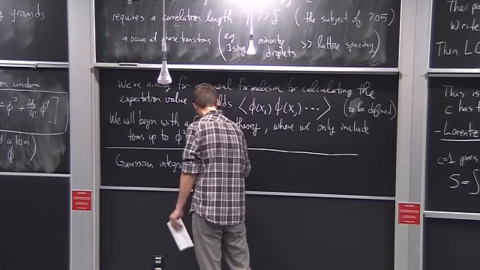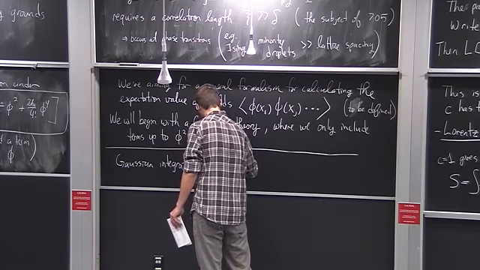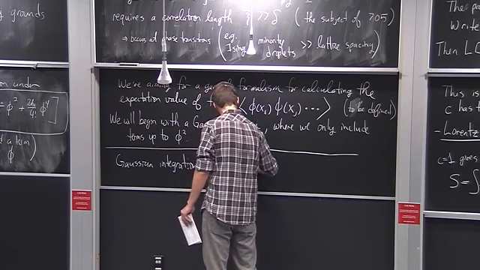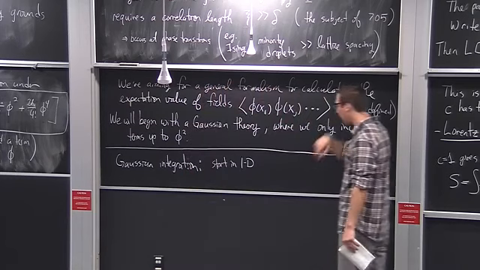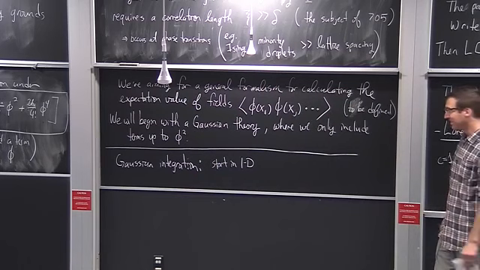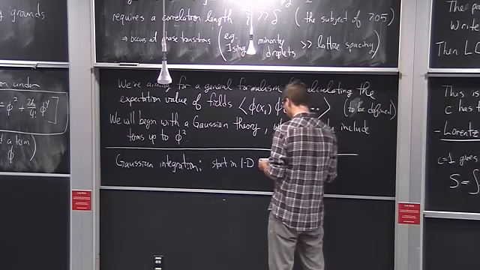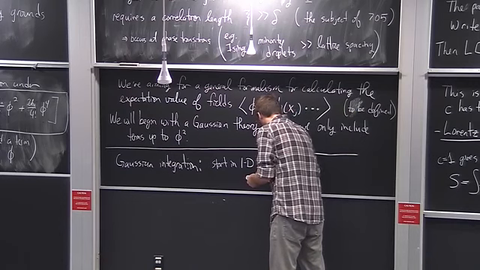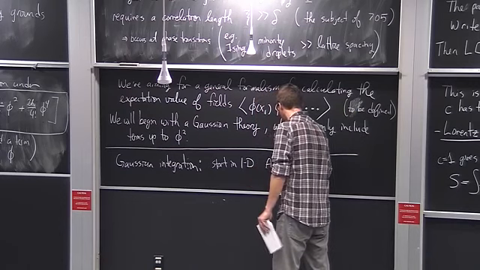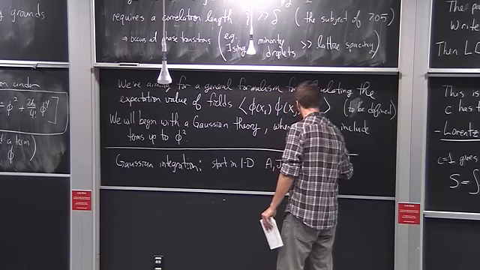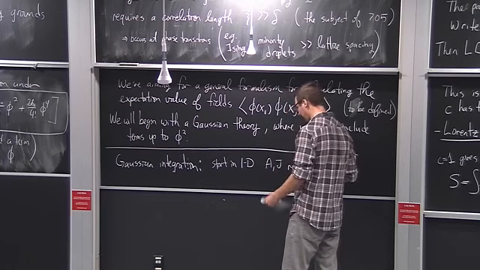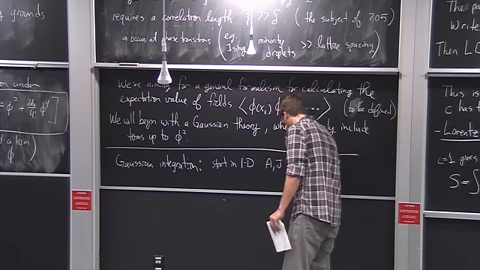Let's start in 1D. So you can see the strategy for how these Gaussian integrals go. Let me define two real numbers. And I think A has to be greater than 0, probably.